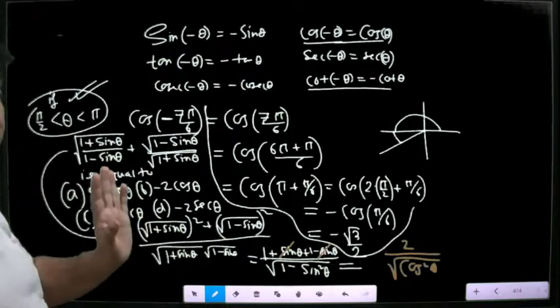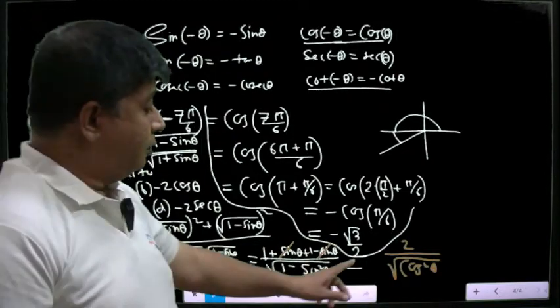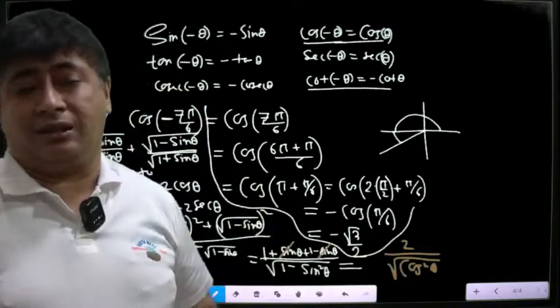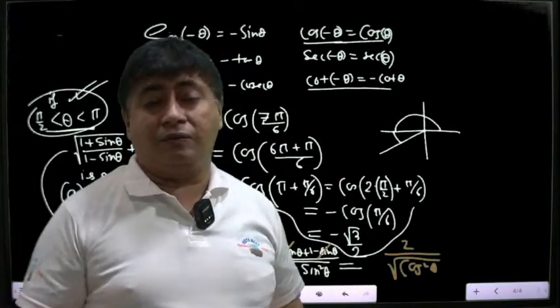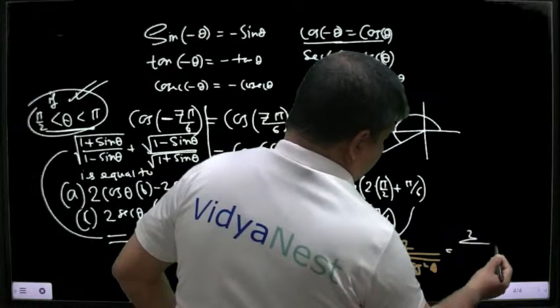But no. See, theta lies in the second quadrant, and root over cos square theta means plus and minus both can come. So in the second quadrant, is cos positive or negative? Negative, so I will choose negative.